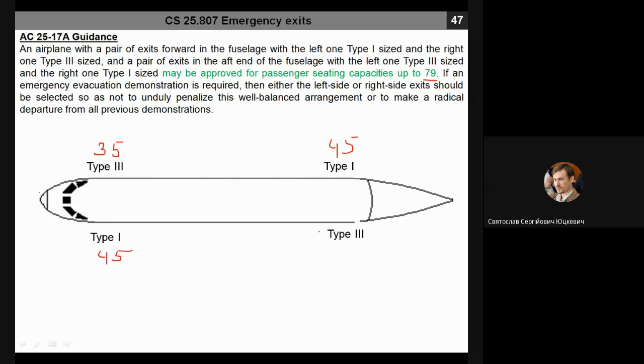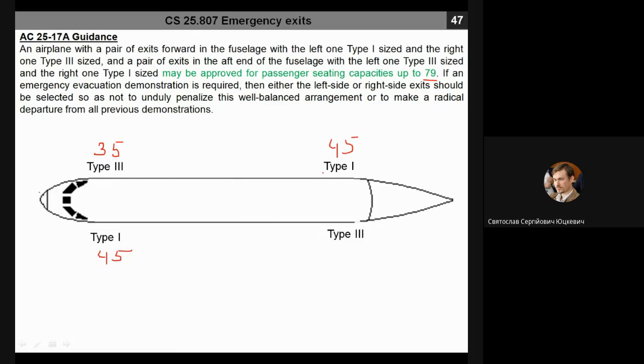And what is the reason for such an approach? We could say that typically during an emergency landing, we have a problem on one side of the airplane due to the roll or due to the spillage of fuel. So that's why it is possible to say that type 3 will be in combination with a type 1 exit door.